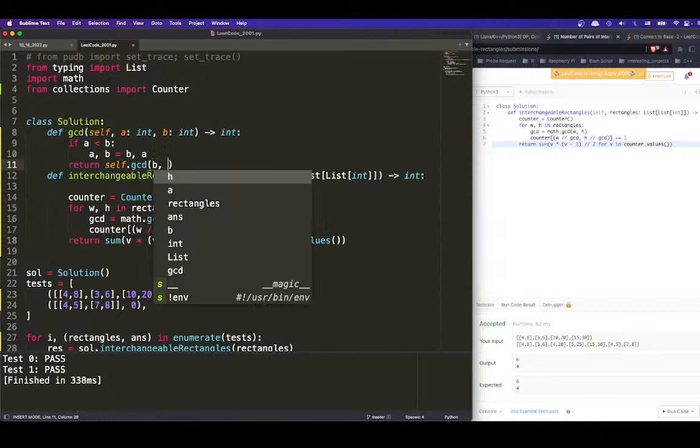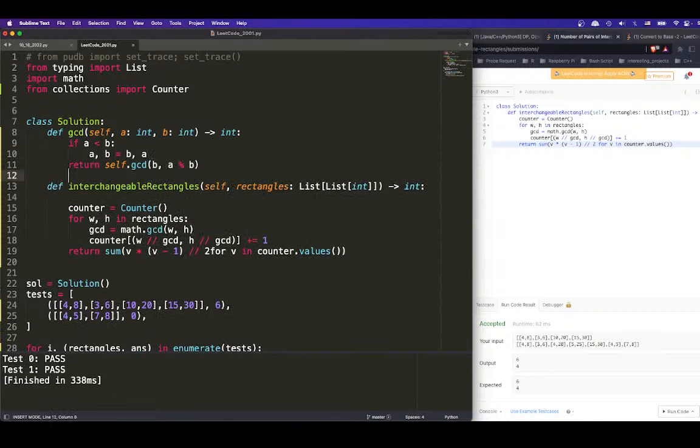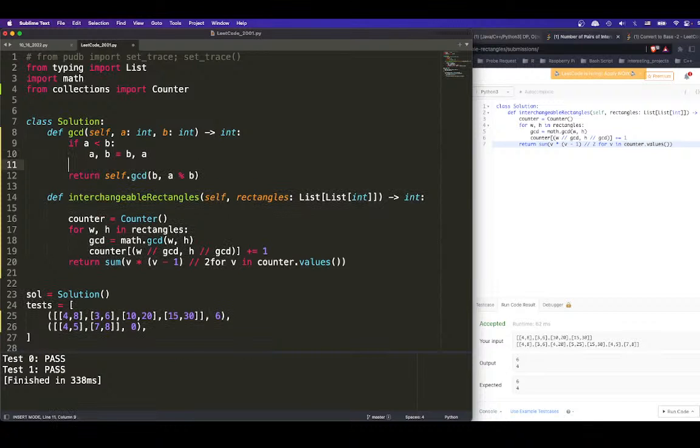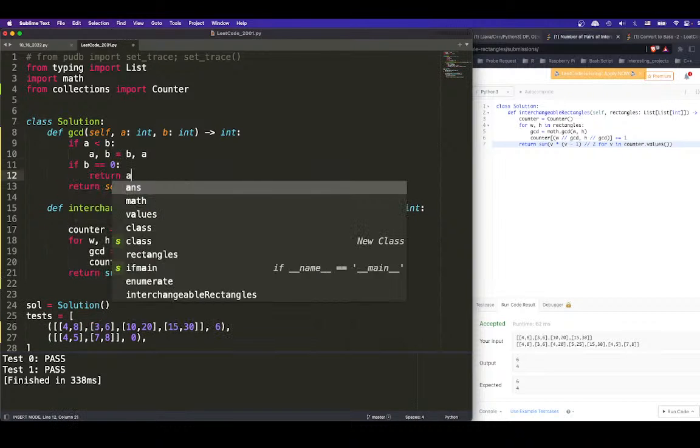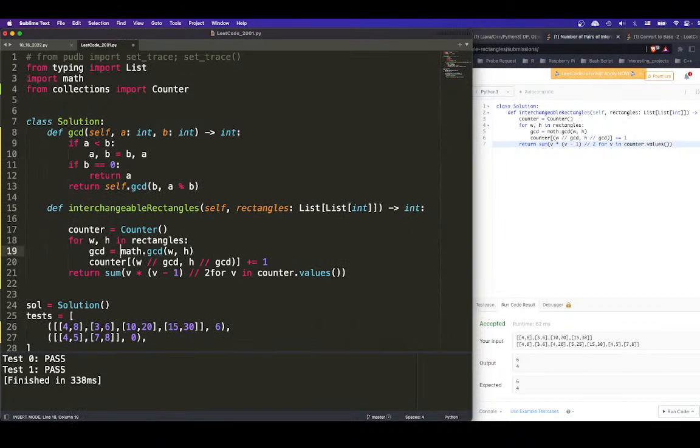Now return self.gcd of B, A mod B. And then if B is equal to 0, we'll return A. Okay, so instead of math.gcd, we'll do self.gcd.